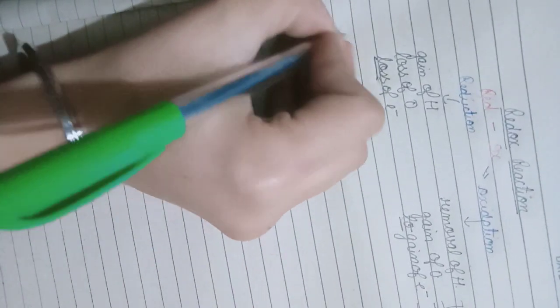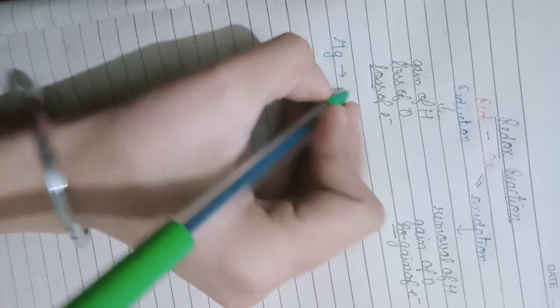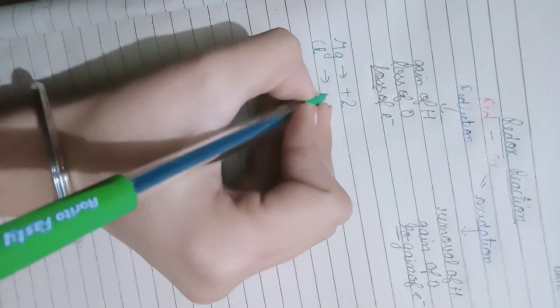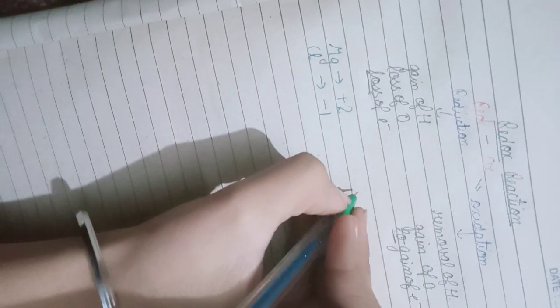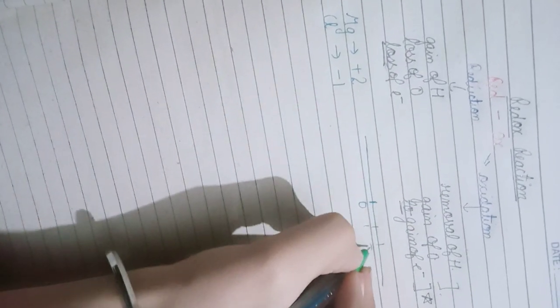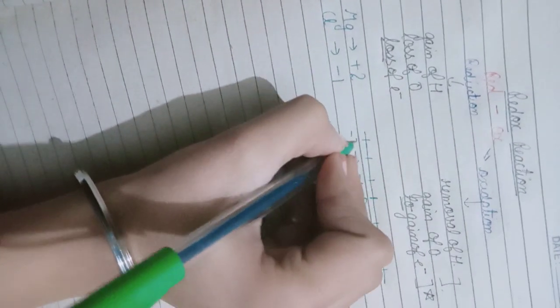Like magnesium has valency 2 positive, chlorine -1. If any compound, like see, everyone knows the number line, so let's draw it: 0, 1, 2, 3, -1, -2, -3.